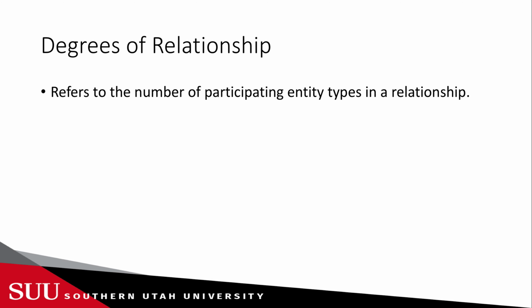It refers to the number of participating entity types in a relationship. So basically, how many entity types are participating in that relationship. We have unary relationship where we have only one entity type participating in the relationship.